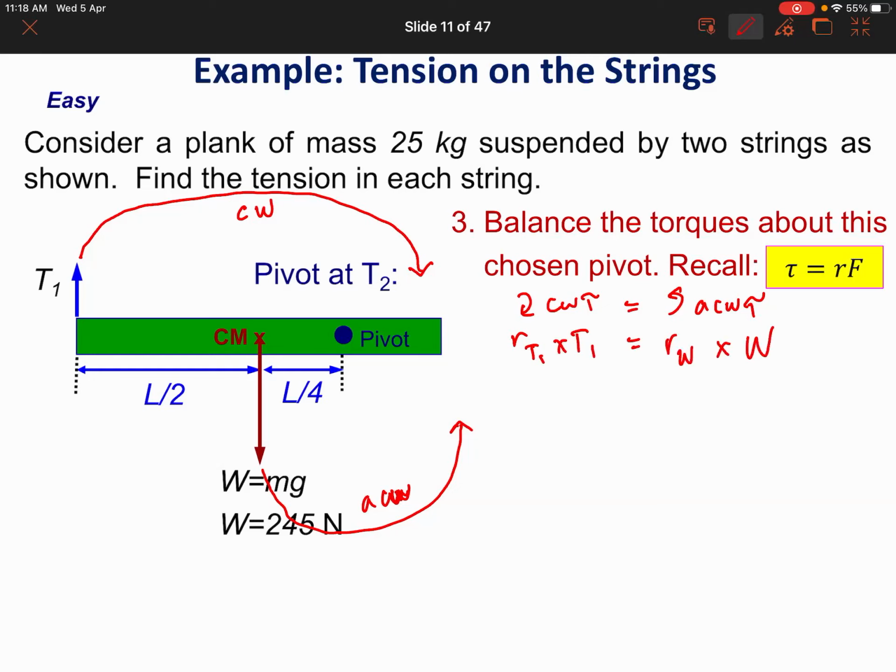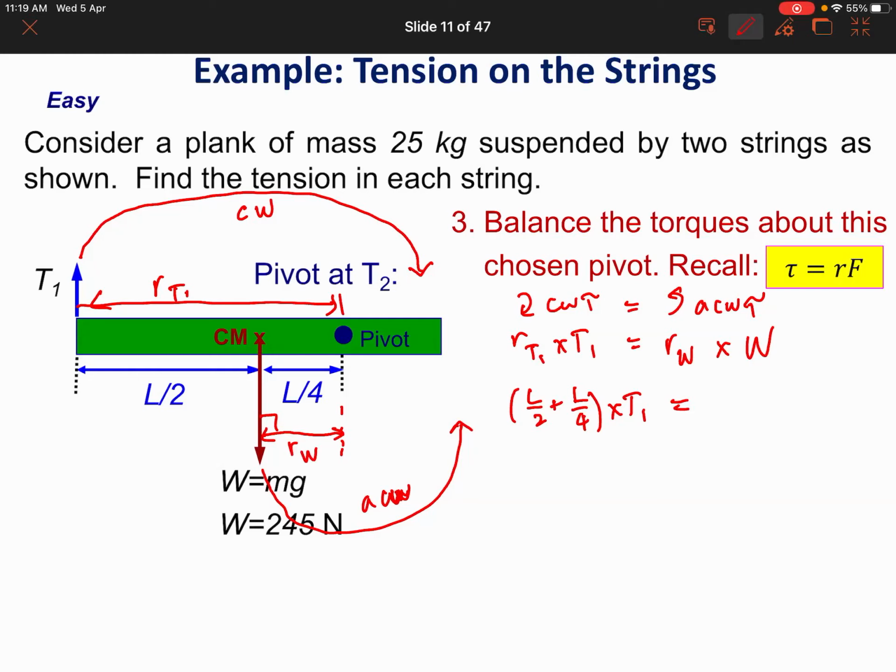As before, the moment arm of T1 measured from the pivot is this length here, RT1. So this will be L/2 plus L/4 times T1. And the moment arm for the weight force is drawn from the weight force to the pivot point. That's a 90-degree angle there between the moment arm of the weight force and the weight force.